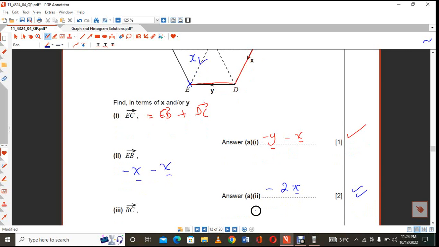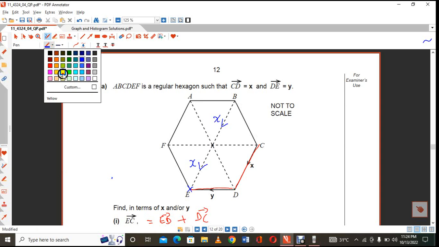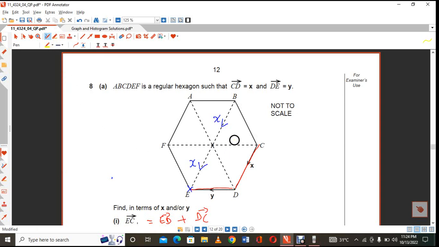The next one, they say B to C. Let's just focus also on ED. ED is y, then this is also y.